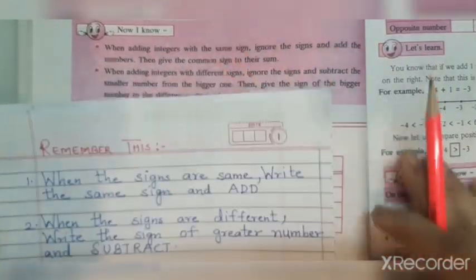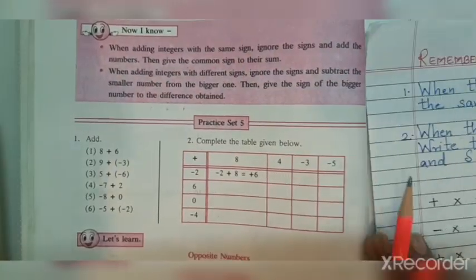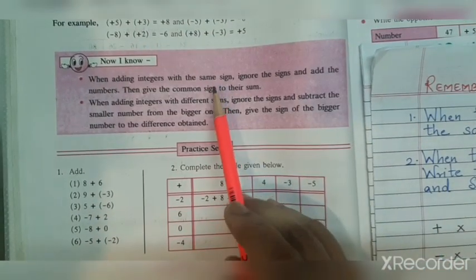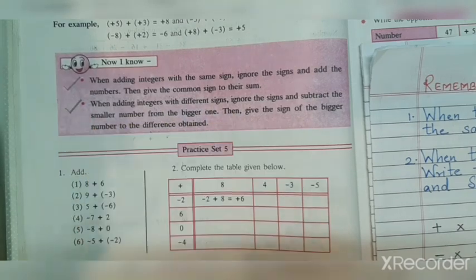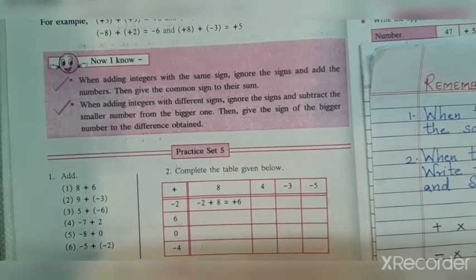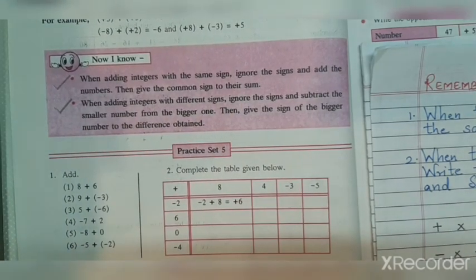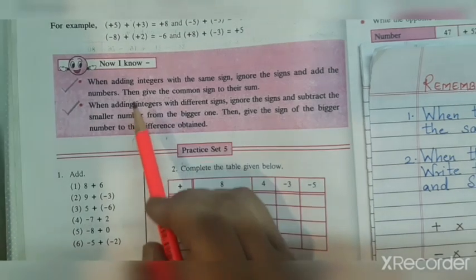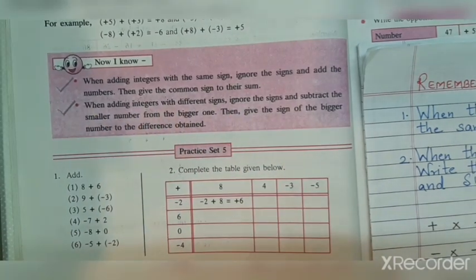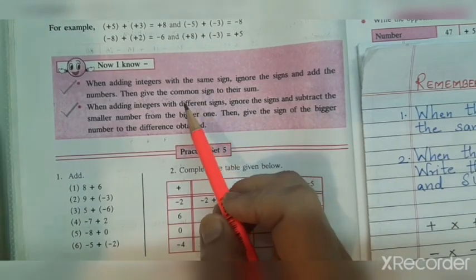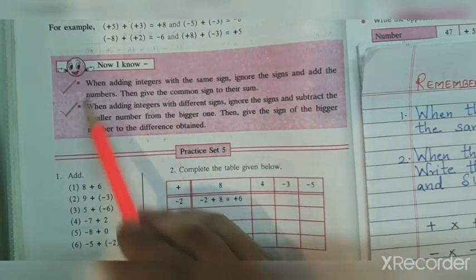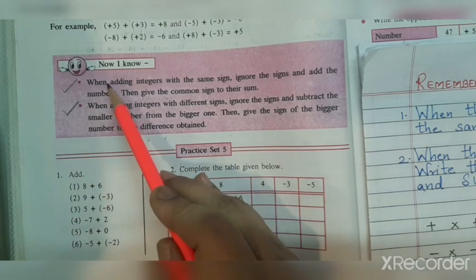They have given 2 conclusions on page number 18. These conclusions will help you to add the integers. I will just read what is given on page number 18 and then I will explain in simple words.